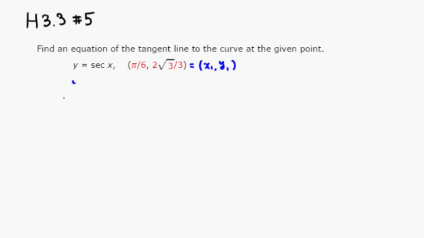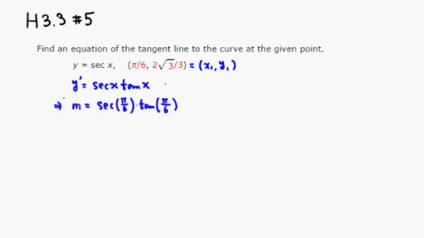So take the derivative. y prime is going to be equal to secant of x times tangent of x. If you want to find the slope, m is going to be, we just plug in pi over 6, so secant of pi over 6 times tangent of pi over 6.